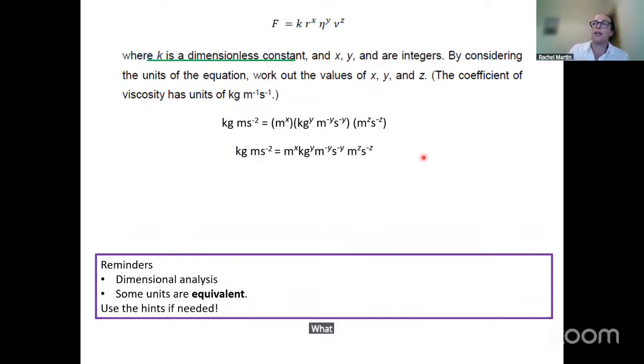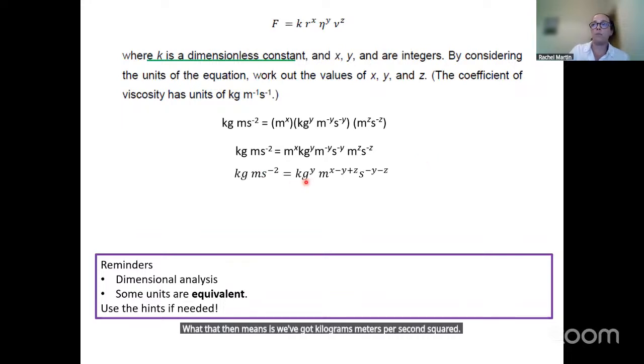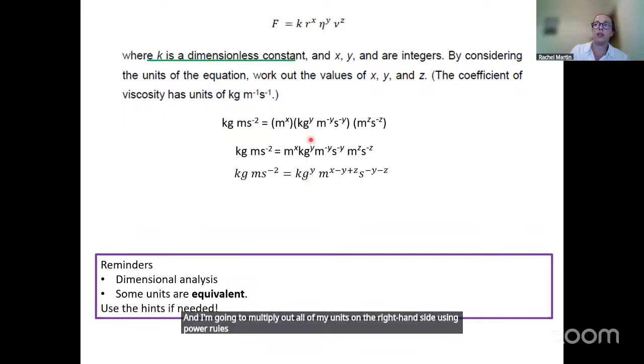What that then means is we've got kilograms meters per second squared, and I'm going to multiply out all of my units on the right-hand side using power rules. So there's only one unit for kilograms, and that's going to stay with power y. I'm putting it first, just like on the left-hand side.